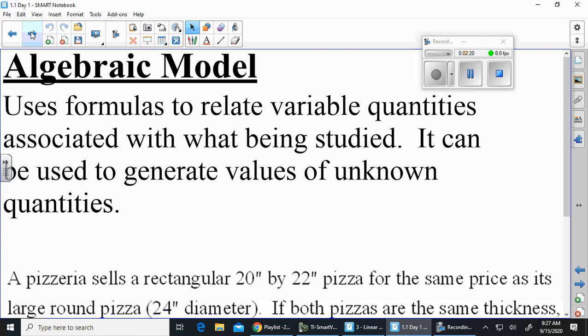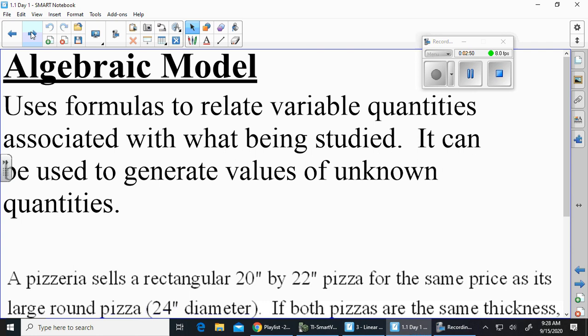Algebraic, you have an equation or a formula that relates variable quantities associated with what is being studied. It can be used to generate values of unknown quantities. If you have an equation, y equals 2x plus 7, you can tell me that if x is 32, what y is going to be.